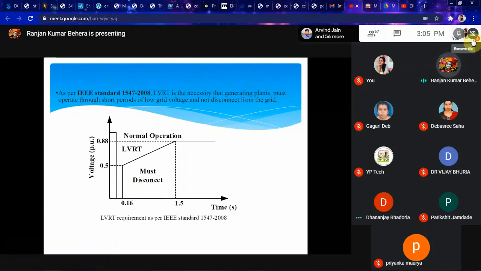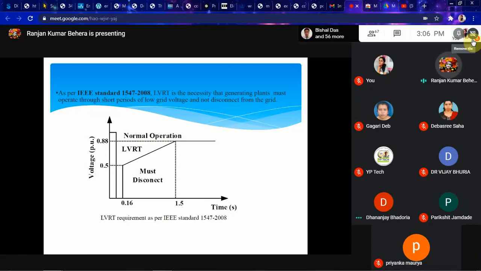Whenever there is a dynamic or you quickly require some energy, the flywheel supports, and then by using automatic generation control, AGC, you again come to the steady state, that is the equal area criterion. There are many angle stability issues that come.